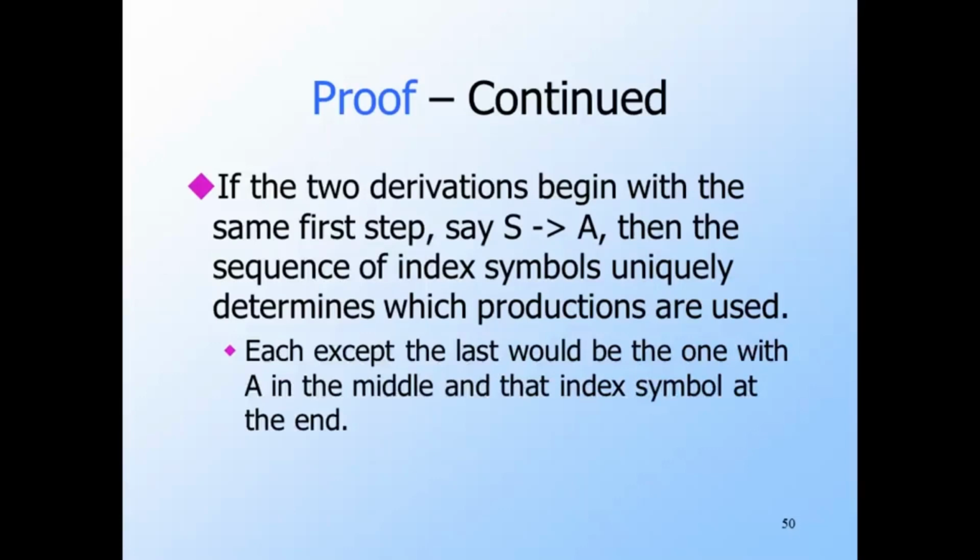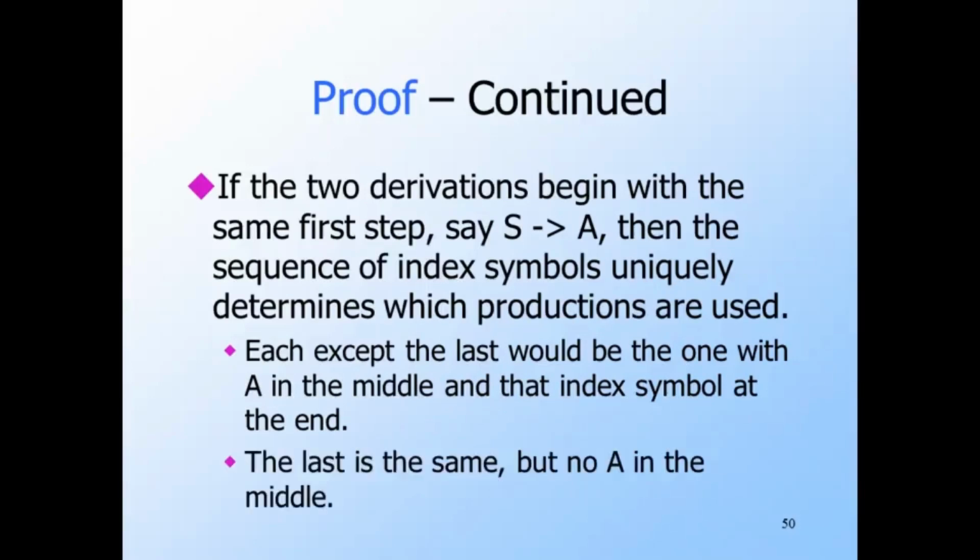Except for the last production used, each would be the unique A production that generates the index symbol and has an A in the body. And the final production would be the one with the last, that is leftmost index symbol, and no A in the body. The same idea works for derivations that start with S goes to B. There can be only one with a given sequence of index symbols.